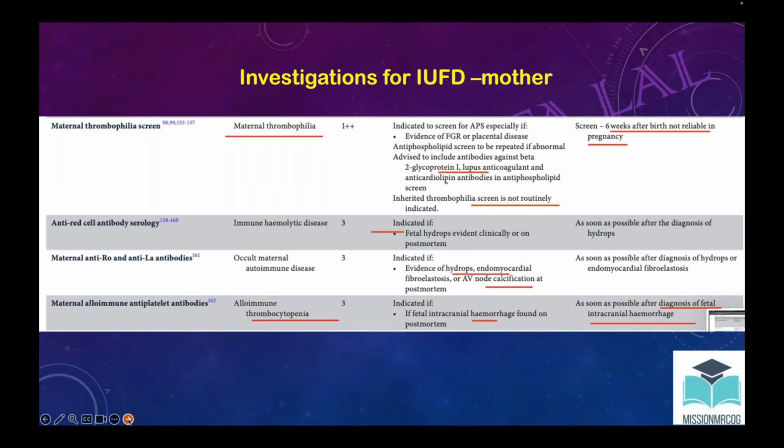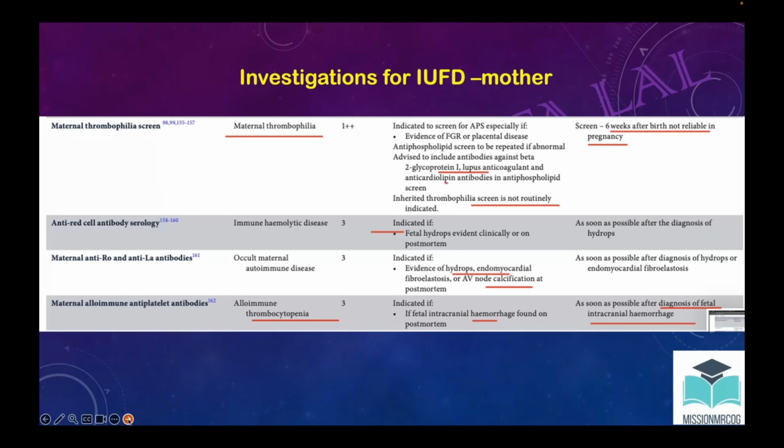So the baby can have endomyocardial fibroelastosis or AV node calcification, that are present at the postmortem. Also maternal autoimmune antiplatelet antibodies, in case of thrombocytopenia.